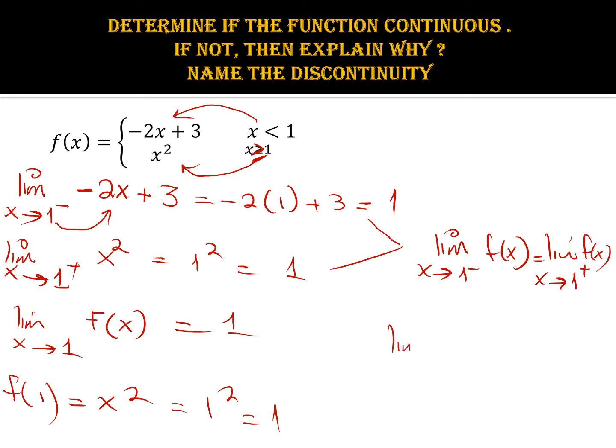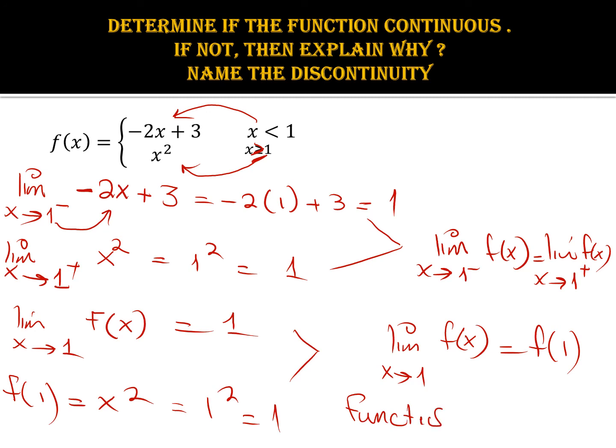And the second condition, that the limit as x approaches 1 from both sides is equal to f of 1. So both the conditions are fulfilled. So you can say that the function is continuous at the particular point x equals 1.